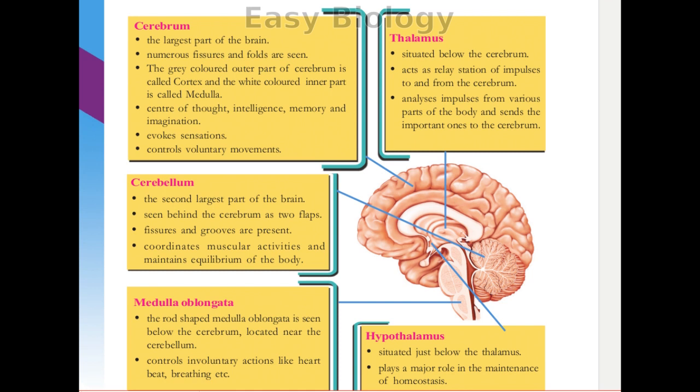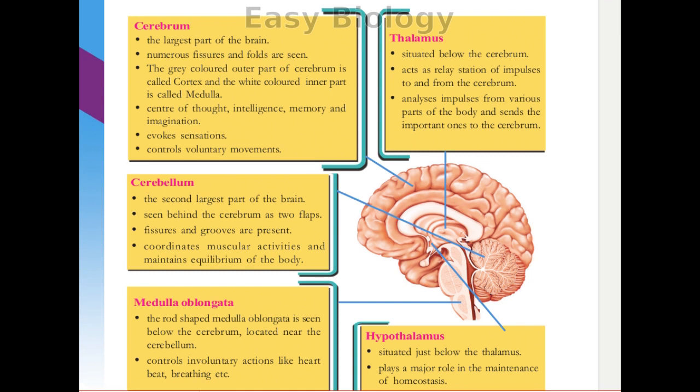In cerebrum, there are numerous fissures and folds seen. And the grey colored part is seen outside, and that is known as cortex. And the white colored part is seen inside, and that is known as medulla.